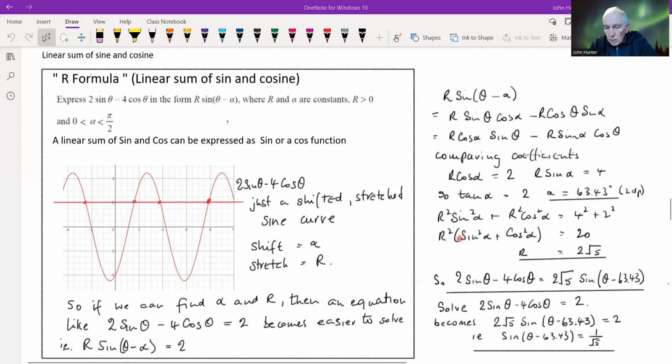On the next line, I'll factorize out r squared, because we know sine squared plus cos squared is 1, one of our standard identities. So r squared equals 20, and r equals 2 root 5. So our 2 sine theta minus 4 cos theta is actually r sine of theta minus alpha, where r is 2 root 5 and alpha is 63.43.